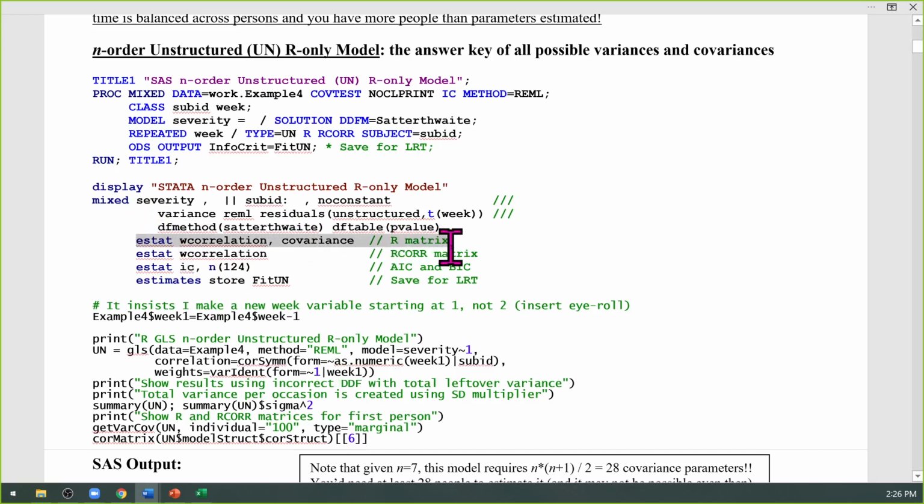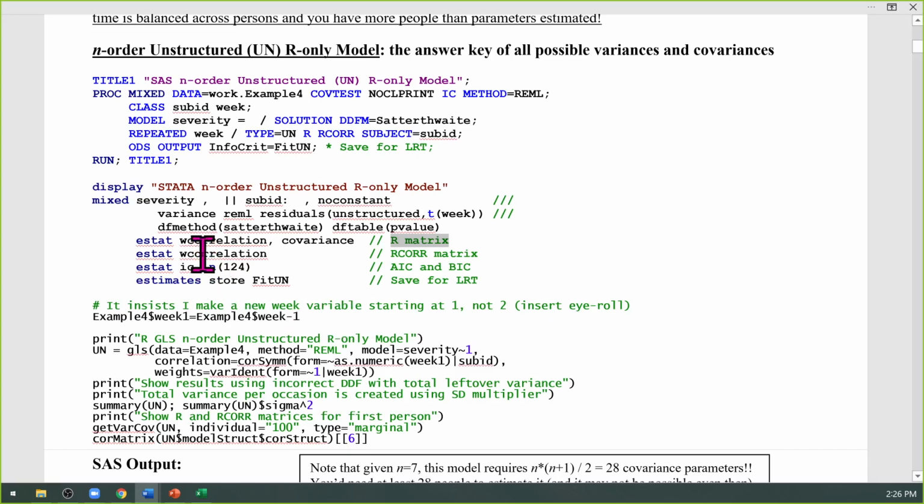We haven't done these ones yet. ESTAT is a way of asking for output from the run of the model that's not given by default. And W correlation with an option for comma covariance is Stata for I'd like the R matrix printed, please. W correlation stands for within correlation.